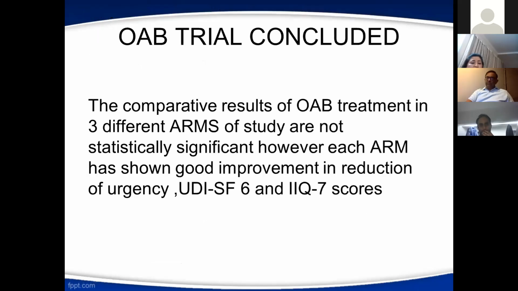So this is what we concluded, that comparative results in the 3 arms are not statistically significant. So I guess we can start right away using all 3 things: lifestyle modification, pelvic floor muscle training, and if available, biofeedback assisted pelvic floor muscle training. That really makes a huge difference. Probably the patient has good compliance.